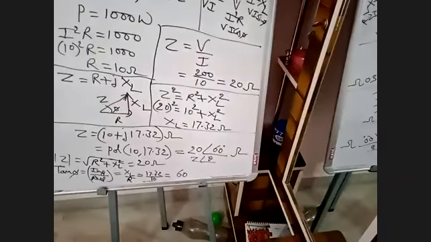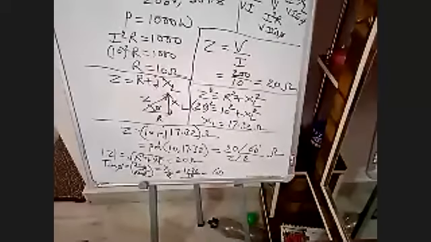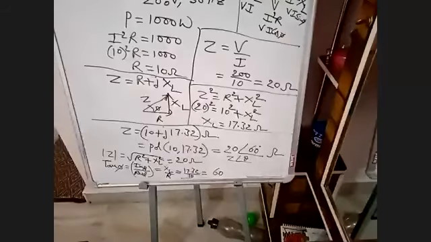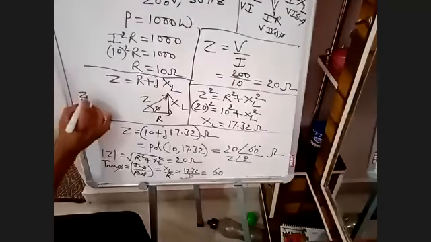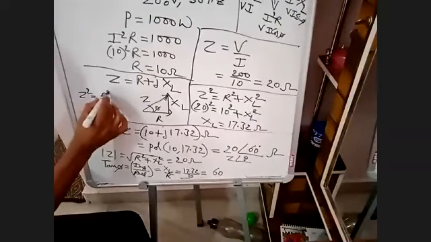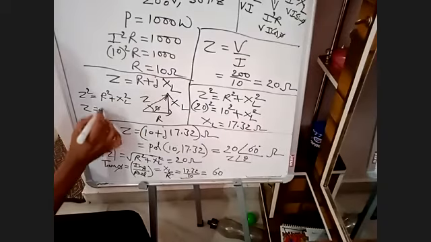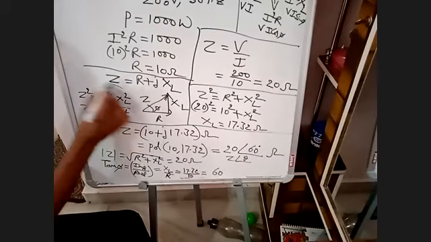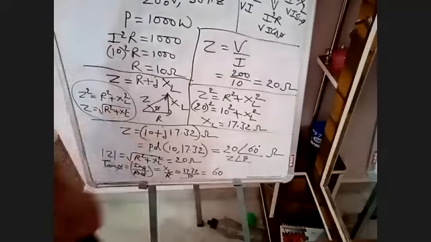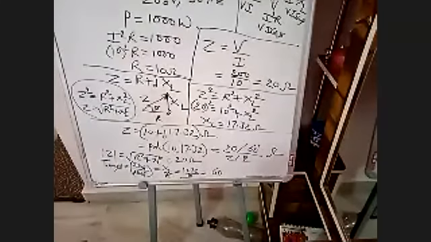Sir, J square value 1 now, sir. Which one? J square. We are not taking J square here. See the right angle triangle. What is the impedance? Z square is equal to hypotenuse square is equal to side square plus side square. Z is equal to square root of R square plus XL square. From the right angle triangle, is it okay? Yes, sir.